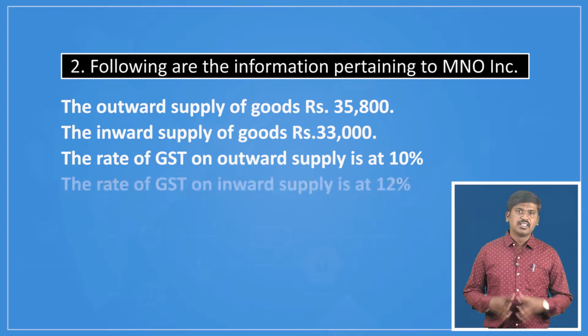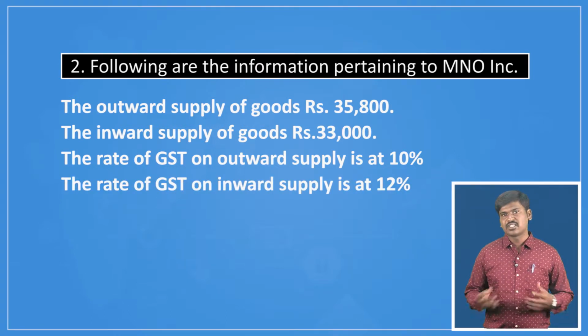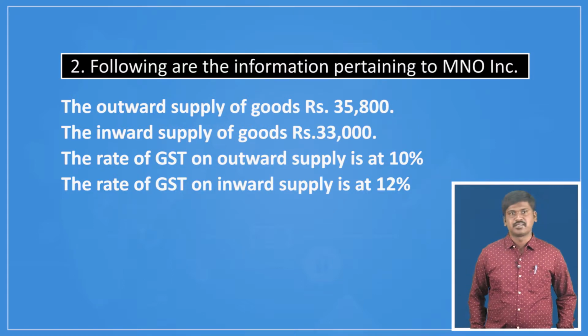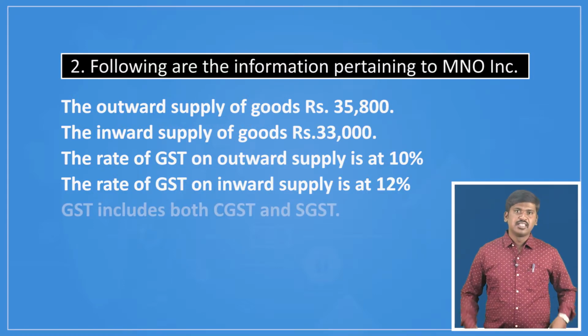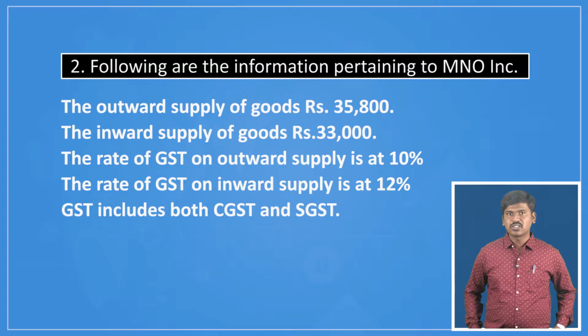Number 4. The rate of GST on inward supply is 12%. Number 5. GST includes both CGST and SGST. Determination of output tax liability of MNO Incorporation under GST. Let us determine the output tax liability of MNO.